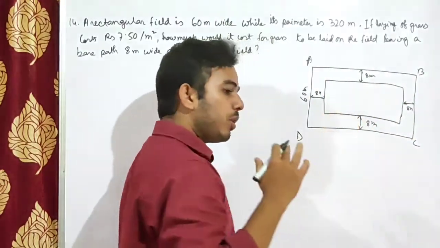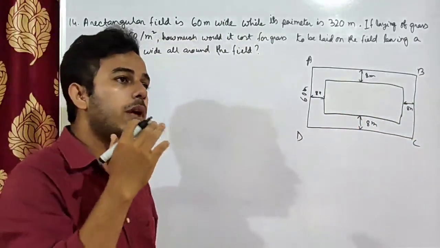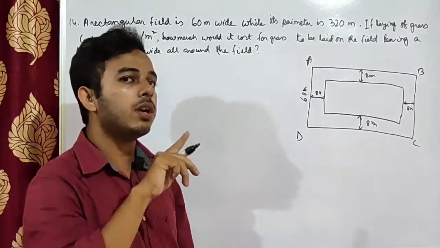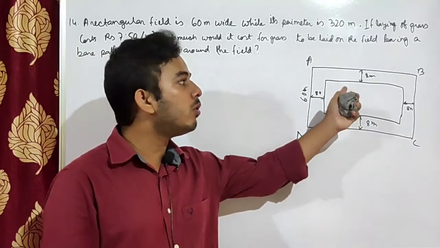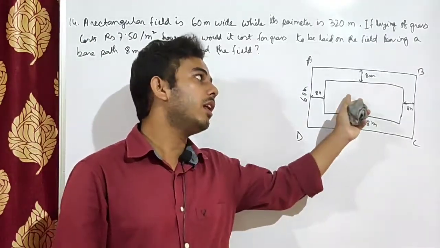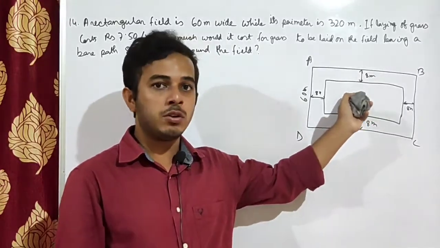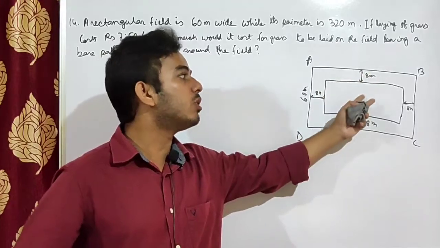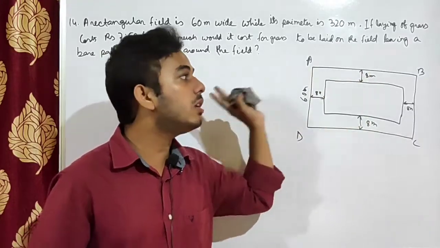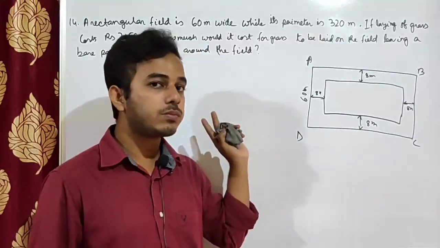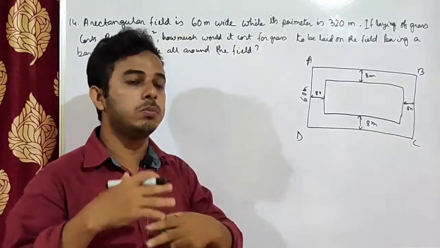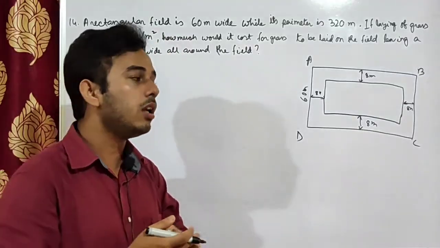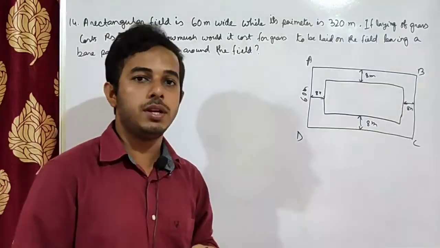We have to remove 8 meter from all sides, and then we can easily find its length and breadth, that is, its area. We have to multiply the cost with this area, not the total area of the field. I think you may not understand it clearly, but when you solve, you will understand.